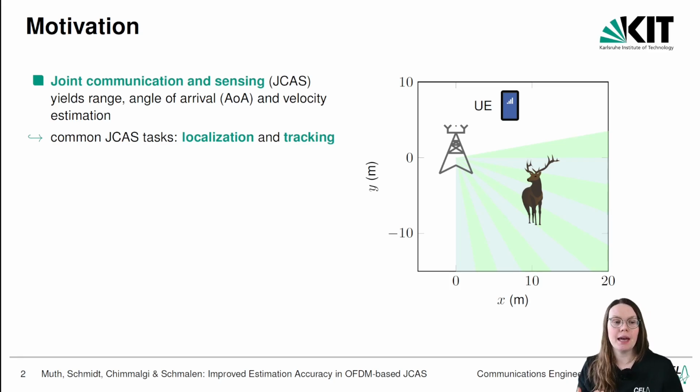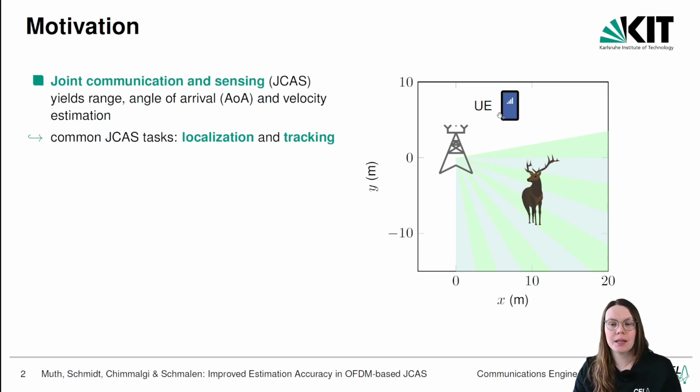So by estimating the range, velocity and the angle, we can solve common JCAS tasks such as localization of a target, such as this deer shown here, and tracking of such a target that is just reflecting the signal transmitted by our base station.